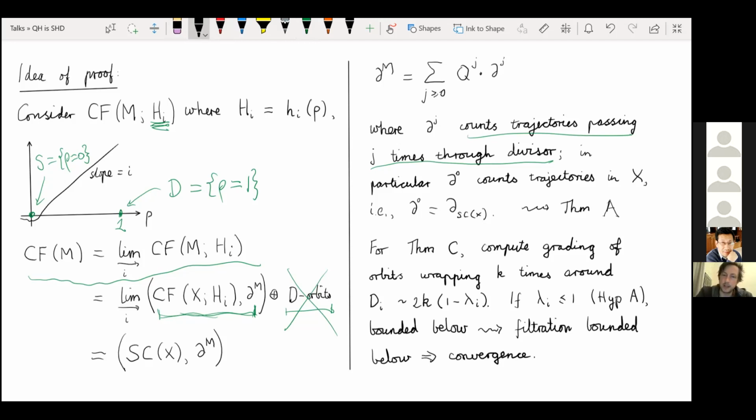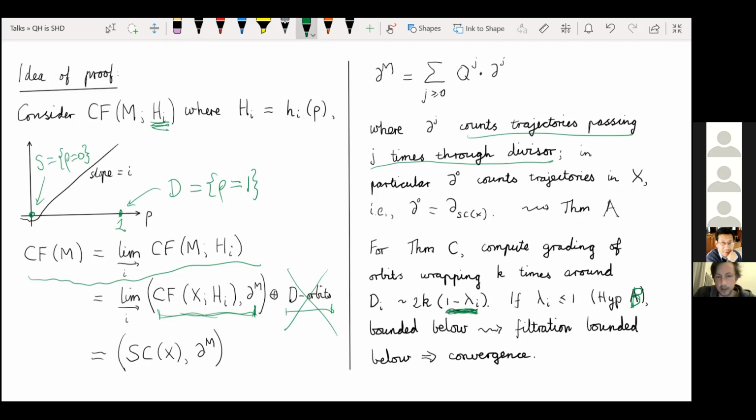And to prove the convergence of the spectral sequence result, we need to compute the gradings of the orbits which wrap around the divisor. They turn out to be proportional to this 1 minus lambda I. So under our hypothesis B, I'm sorry, I changed hypothesis A and hypothesis B at the last moment and didn't update them all.